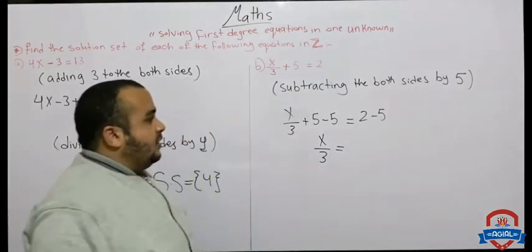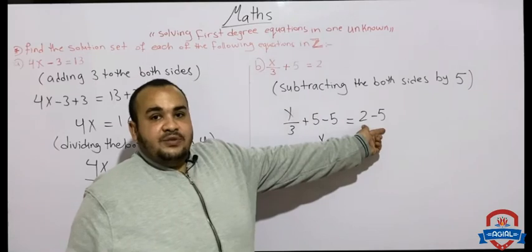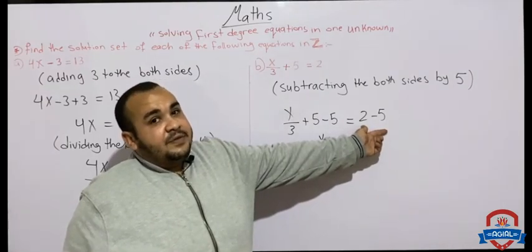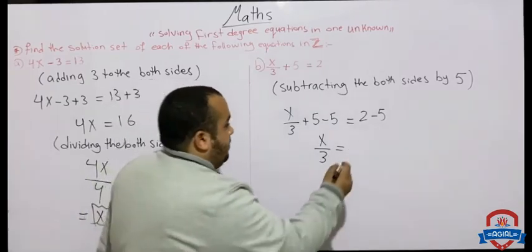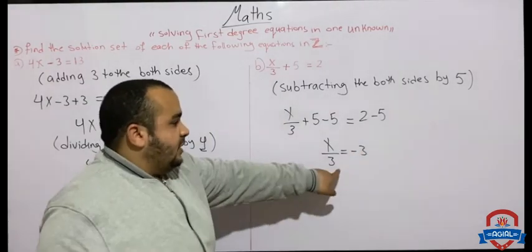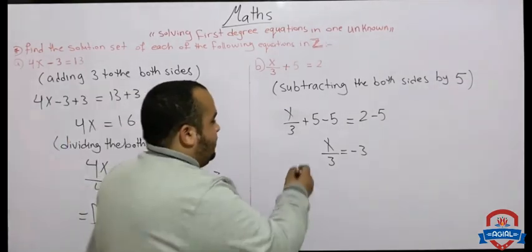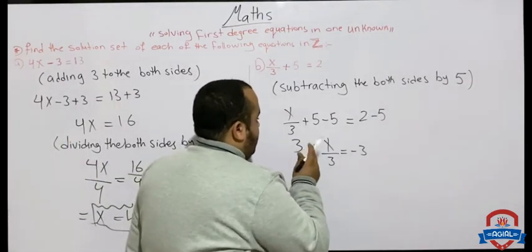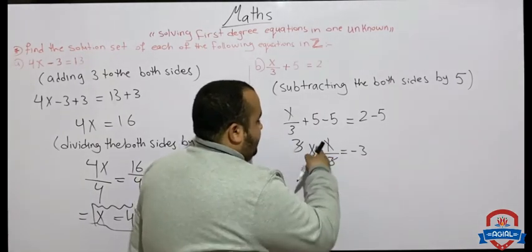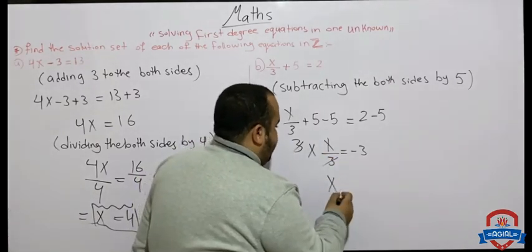And the right hand side equals 2 minus 5. 2 minus 5 equals negative 3. And now we need to multiply both sides by 3. The left hand side equals 3 over 3 times x. So the left hand side equals x.